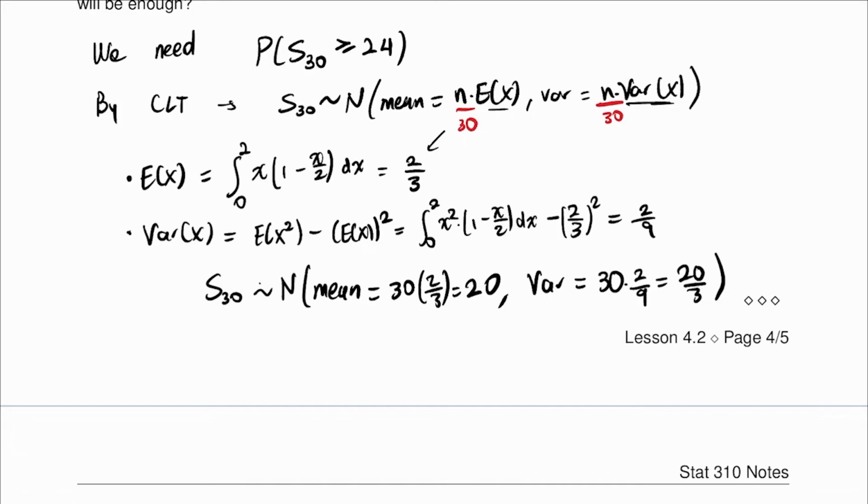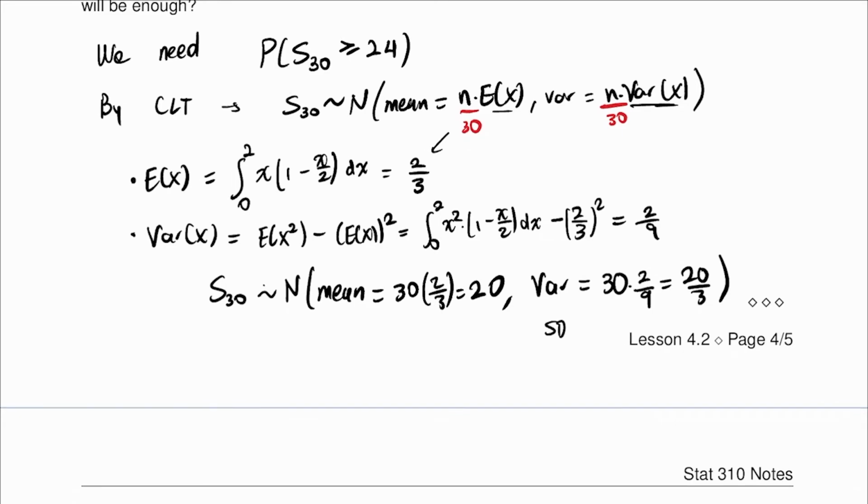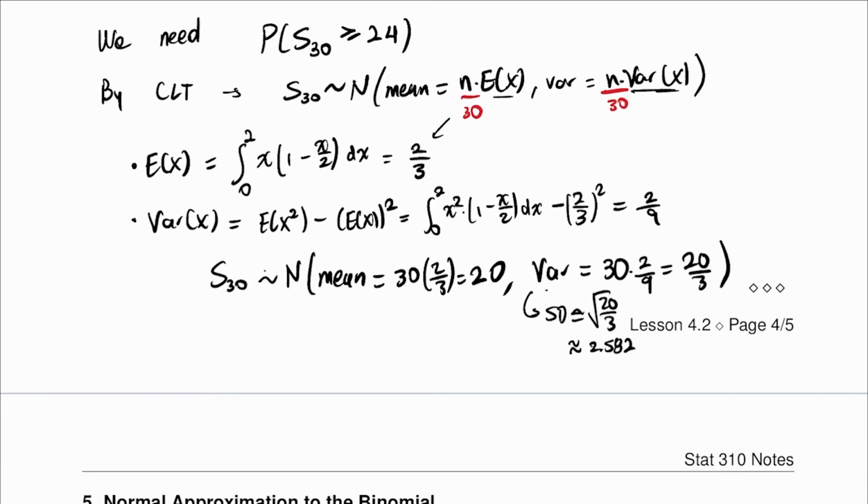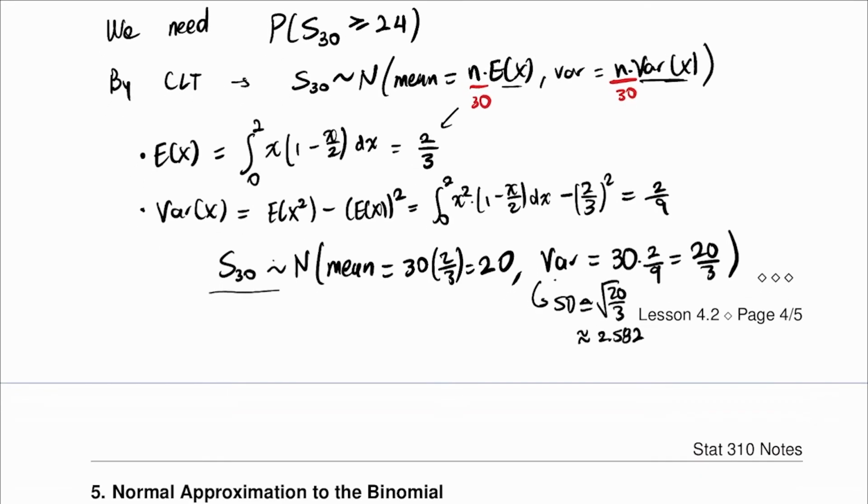If the variance is 20 over 3, the standard deviation is the square root of 20 over 3, which is approximately 2.582. So finally, we have the distribution of S30, which is normal.